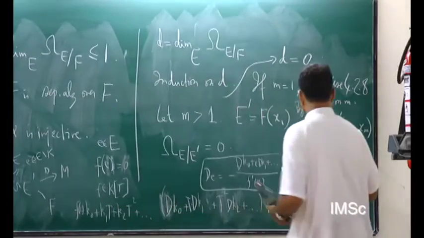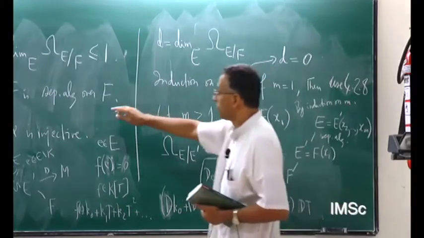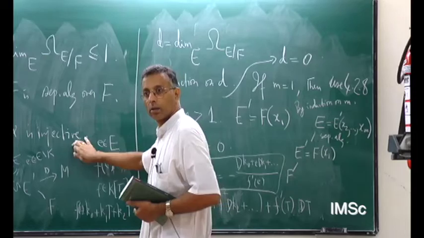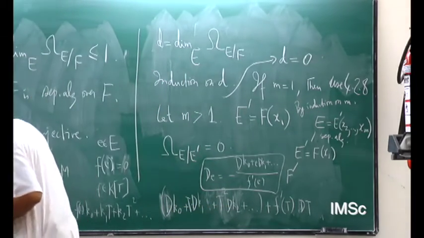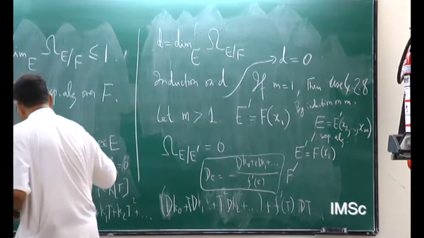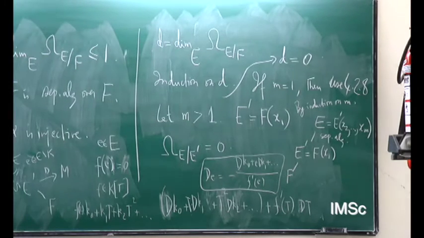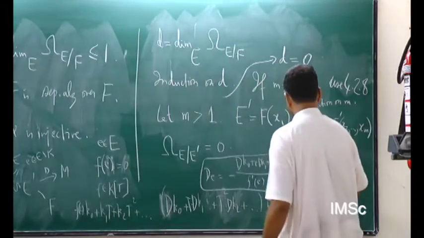So you conclude from this that by induction you know the hypothesis of this, therefore you know this conclusion, therefore you go here and conclude that this is 0, and then you use this, say this is 0 with E prime, so E prime is separable algebraic over F, so you get this is separable algebraic.